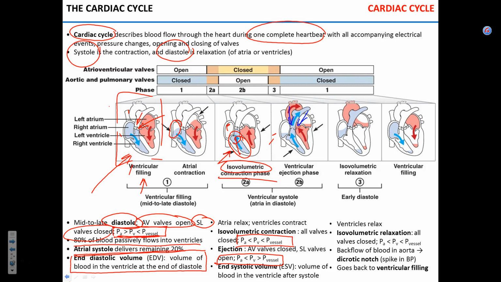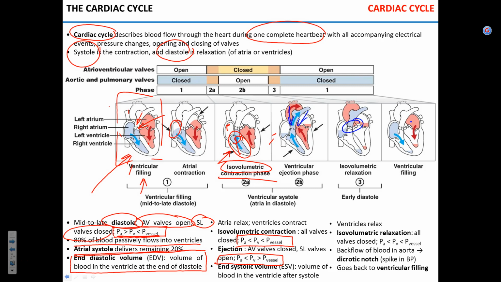So that change in the pressure will lead to the closure of both pulmonary and aortic valves. Because now the aortic pressure or pressure in the pulmonary trunk is higher than the pressure in the left ventricle or right ventricle, respectively. Do you understand what I'm saying? To prevent the backflow, aortic or pulmonary valve, they close.